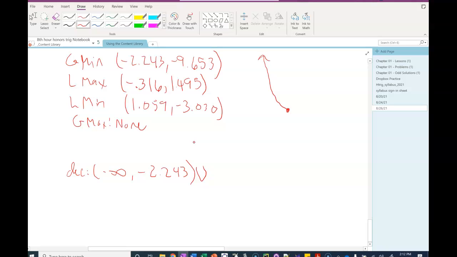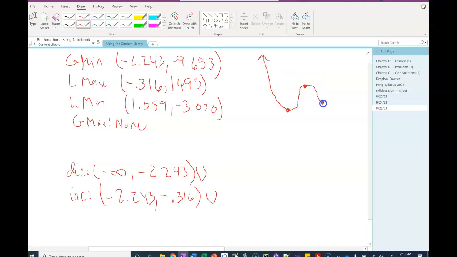Next, I go to my local maximum. So that has to turn up to my local maximum. That part is increasing. So I go from the x-coordinate of my global minimum to the x-coordinate of my local maximum. From there, I go to a local minimum.